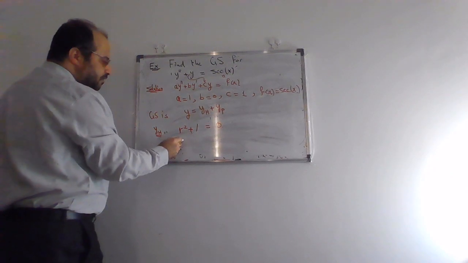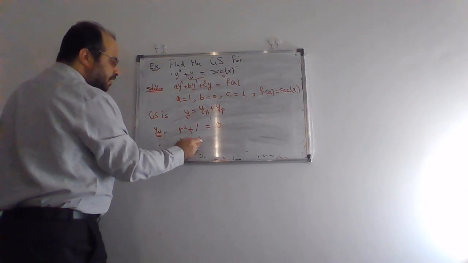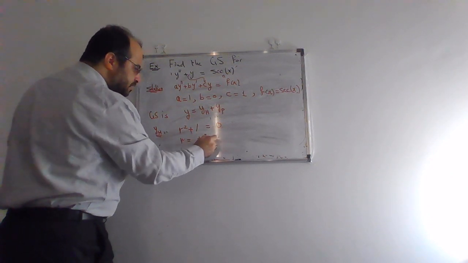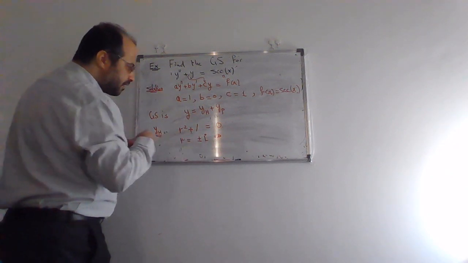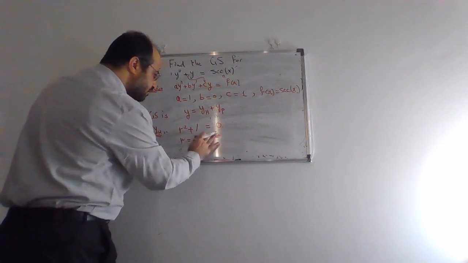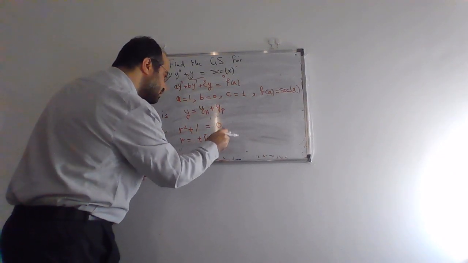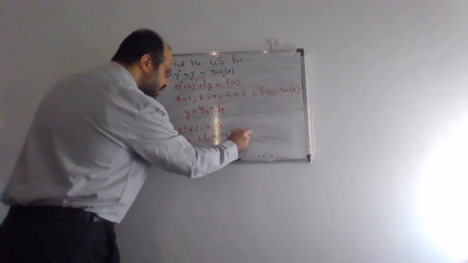And then you solve for r, you get plus minus i. This means that you could write this as alpha plus minus beta i, and from this you can get your alpha.